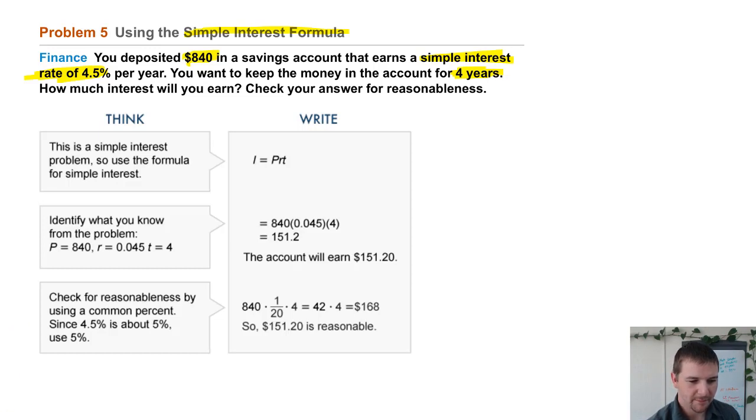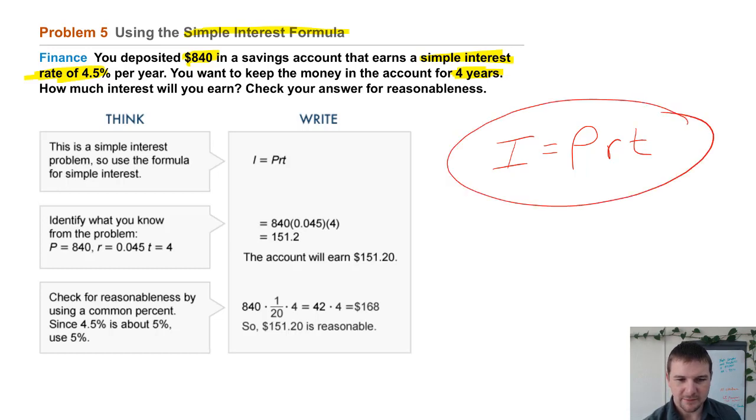So I'm going to switch to a pen, and our simple interest formula, I equals PRT, interest equals principal times rate times time. We have 4 variables. We have 3 values given to us. So like so often in a formula, we're going to plug in all but one of these variables and then solve for the remaining one.